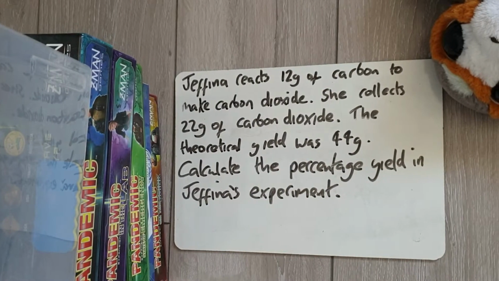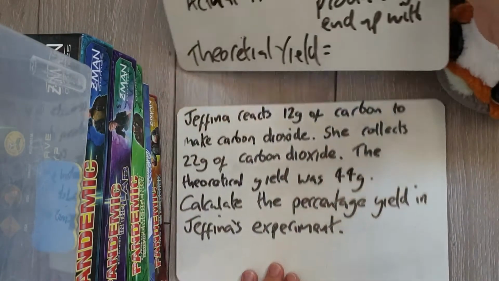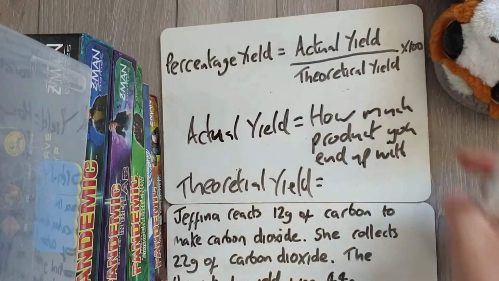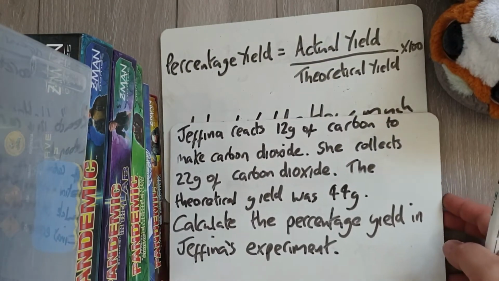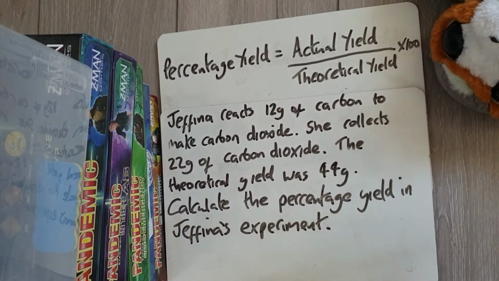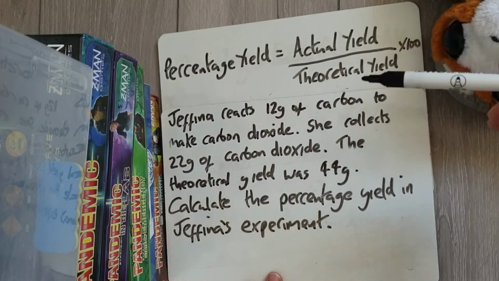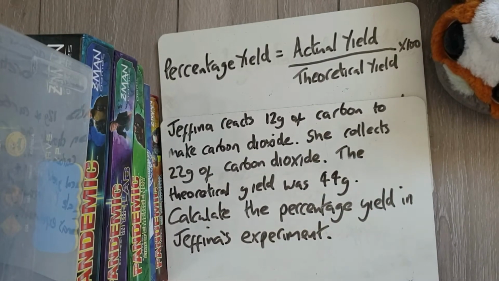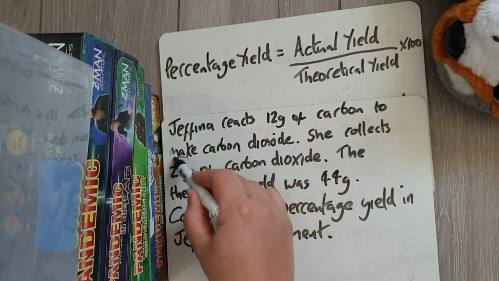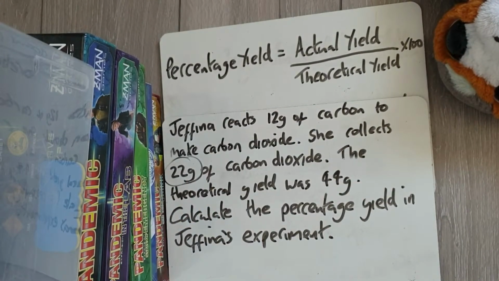So if we go back to what we need, there we go. Actual yield divided by theoretical yield times 100. So the actual yield, what did Jafina actually get? She managed to get 22 grams.